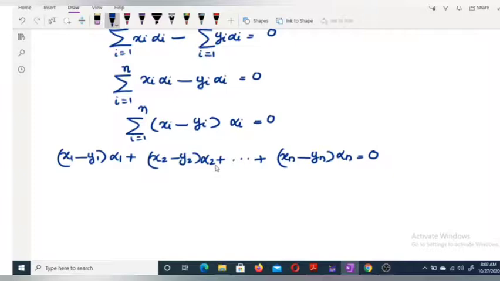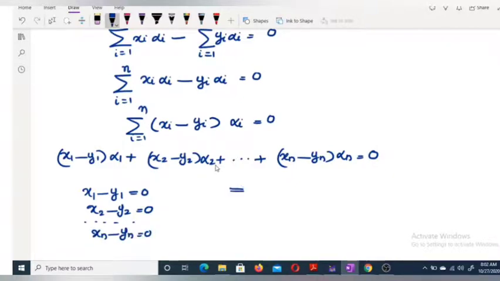But alpha 1, alpha 2, etc., alpha n are linearly independent because it is a basis. Therefore, this sum equal to 0 means x1 minus y1 equal to 0, x2 minus y2 equal to 0, etc., xn minus yn equal to 0.